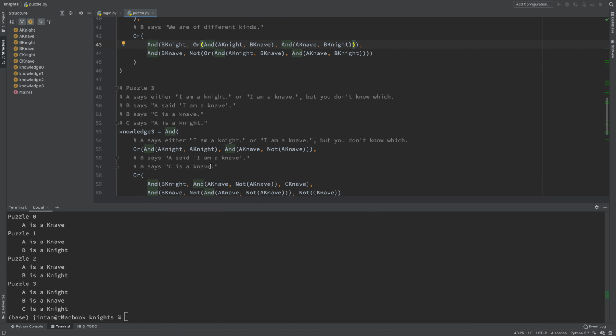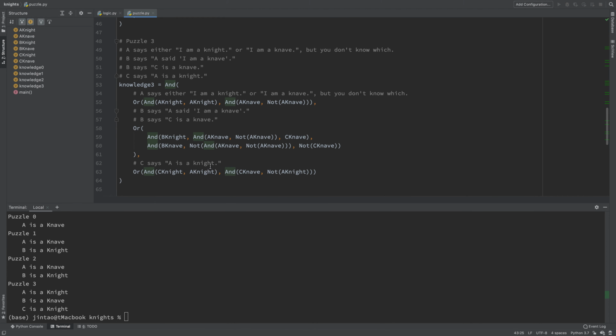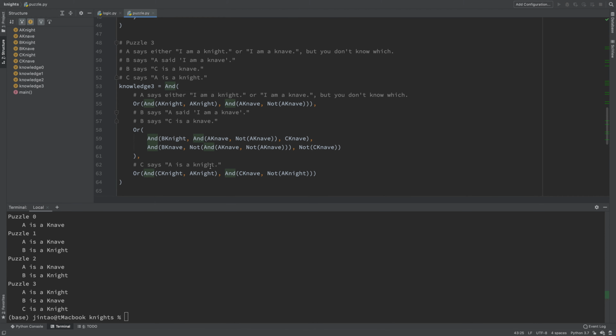Then we come to the next puzzle, and this is a little bit tricky, but I think this is reasonable. For the first statement, we use this from A. A says either I am a knight or I am a knave, but I don't know which. So into the logic statement, A maybe said he's a knight, which indicates he's going to be a knight because a knight always tells the truth.